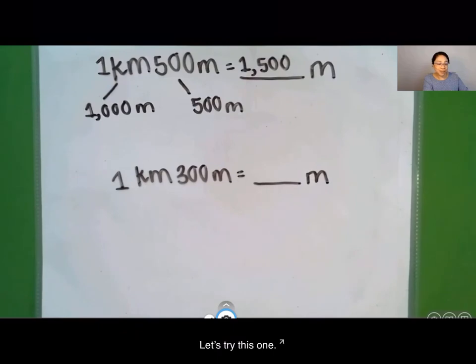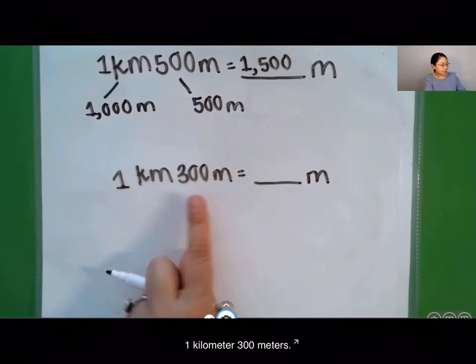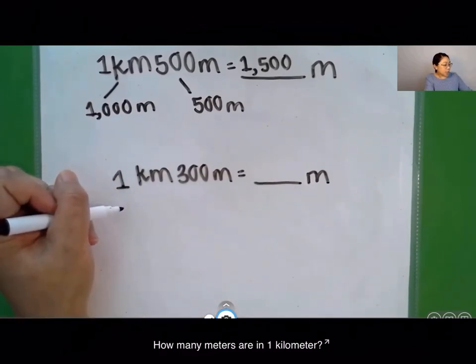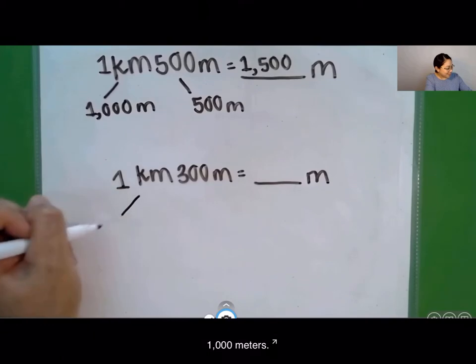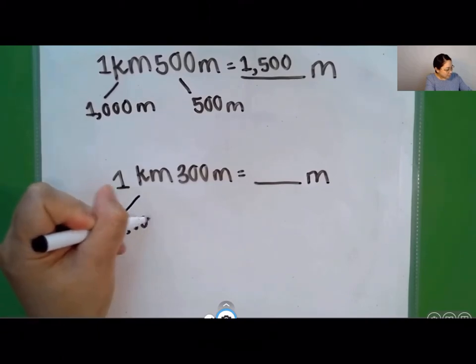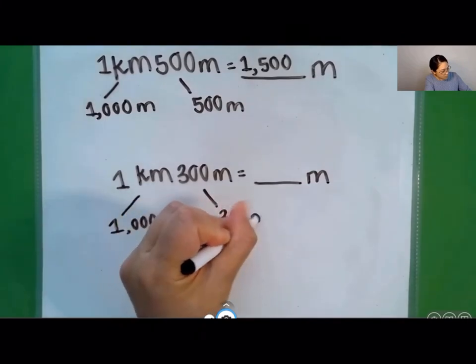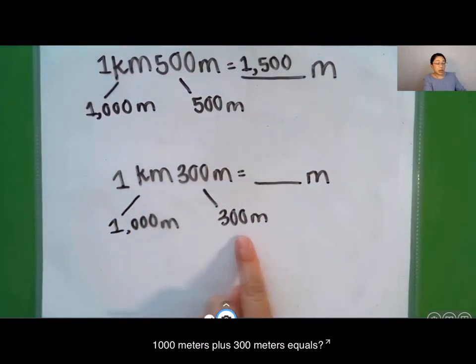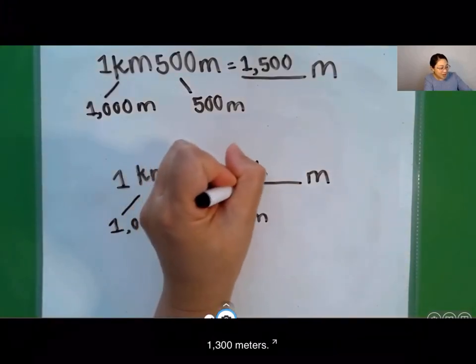Let's try this one. We're going to rename or convert 1 kilometer 300 meters. How many meters are in 1 kilometer? 1,000 meters. 1,000 meters plus 300 meters equals 1,300 meters.